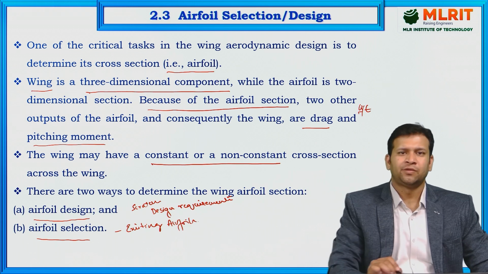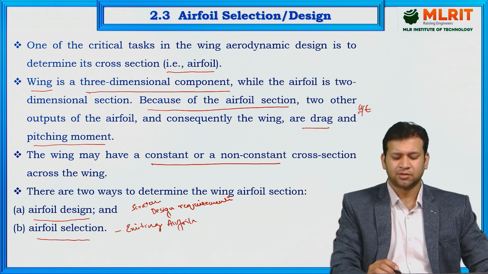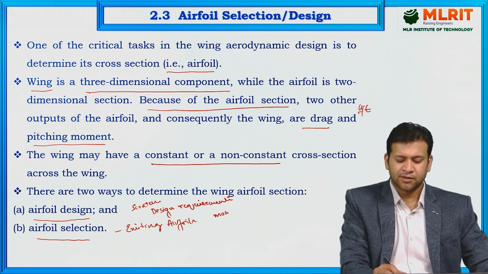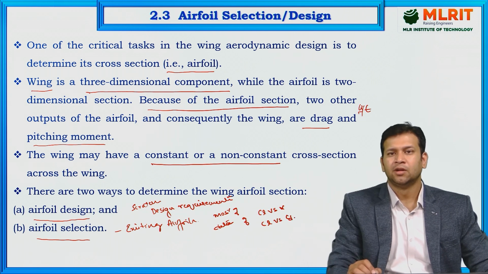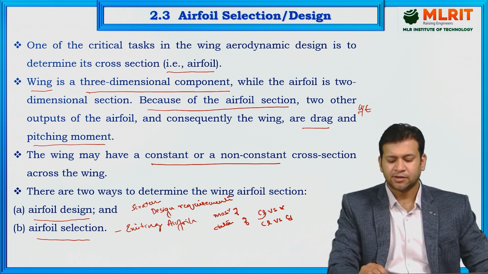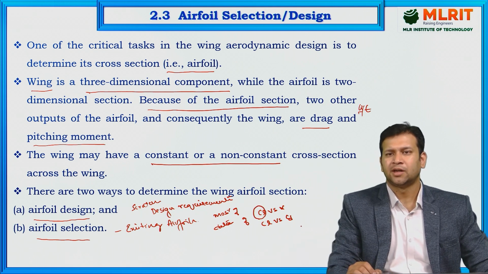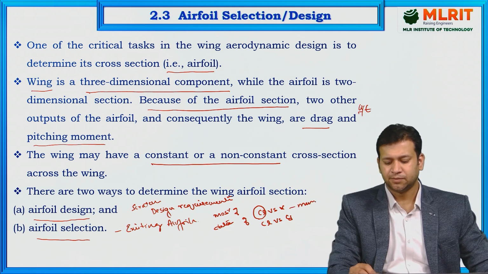The best part of airfoil selection is that most of the data of CL versus alpha and CL versus CD are available, so that based upon those graphs we can study the CL at various angles of attack and choose our airfoil based upon the mission.